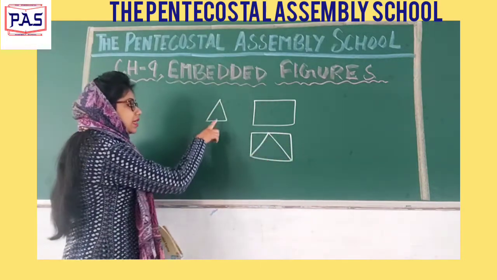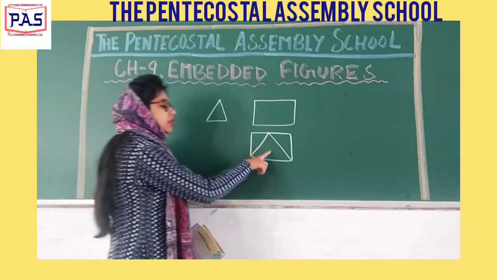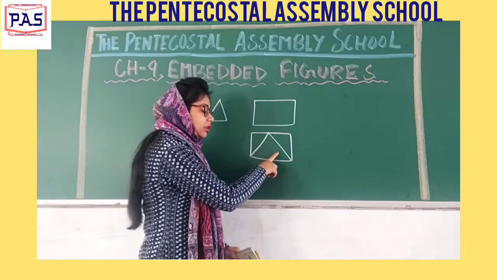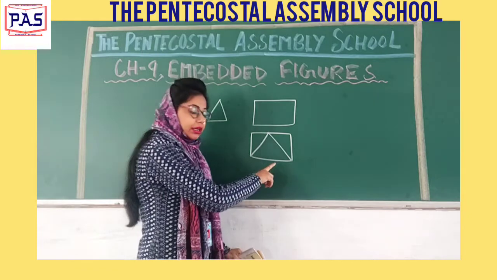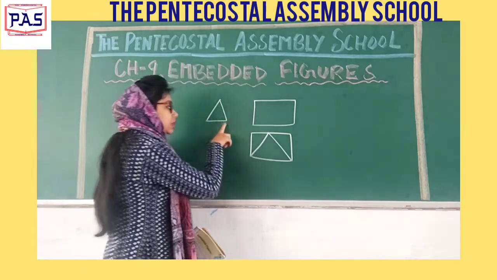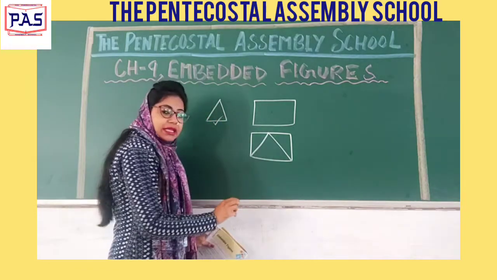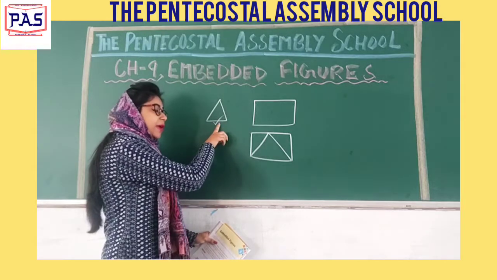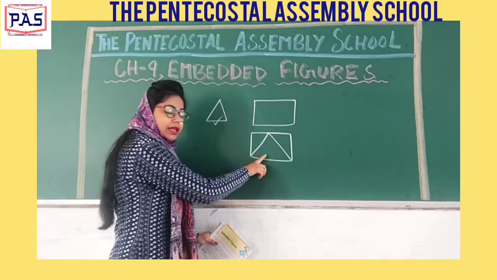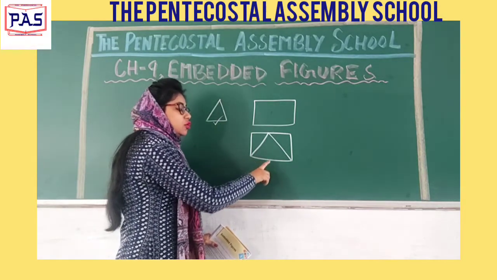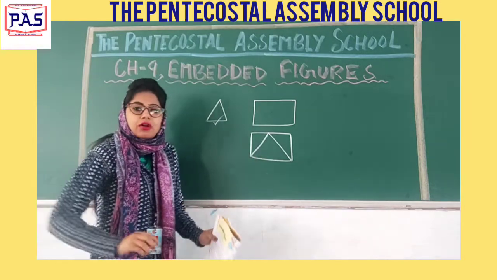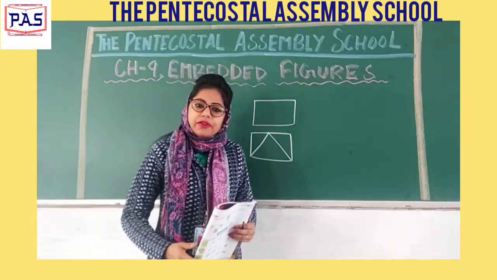Here you can see that this triangle is already present in this square. This square contains this triangle. It means that the shape triangle is embedded in the shape square. So such kind of figures are called embedded figures.